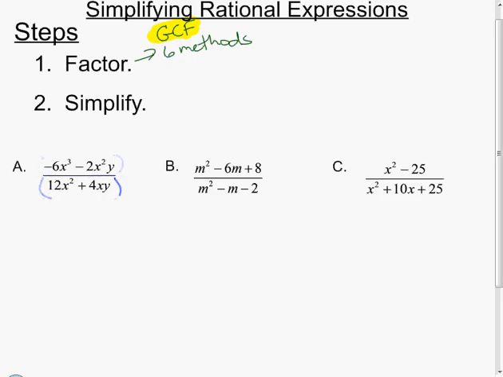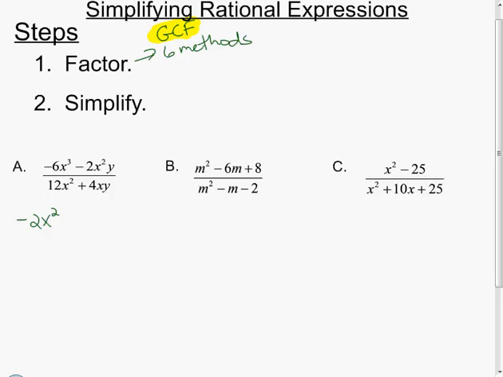Well, you notice I can't really simplify the numerator or the denominator. So what I'm going to do first is factor it. I'm going to put GCF at the front of my mind and say, well, there's negative 6x cubed and 2x squared y. Do they have a GCF? And the answer is, in fact, yes. The GCF is going to be negative 2x squared.